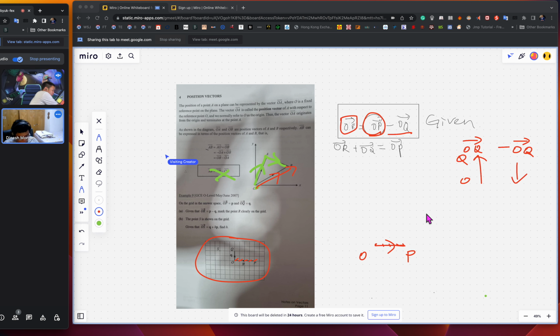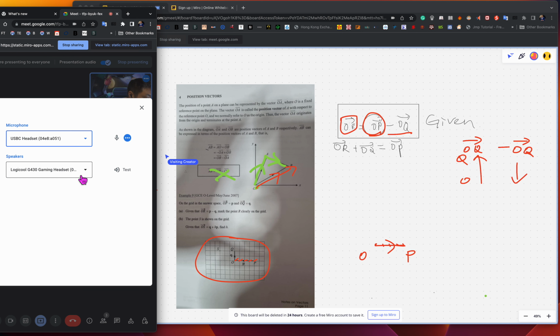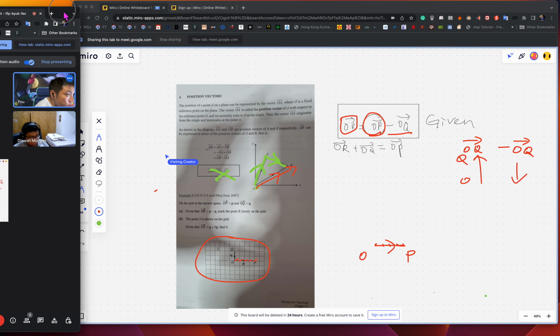Let me see. Microphone is this, then this is the mic. All right, good.